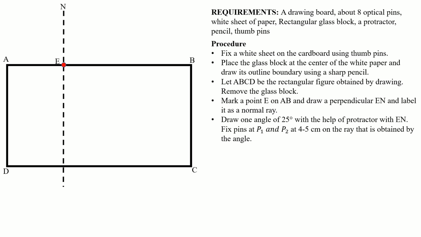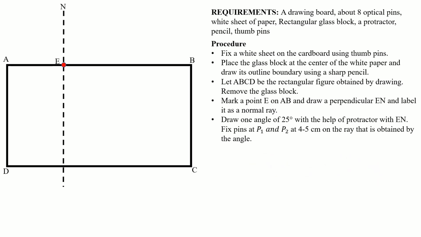Typically we can vary the angle of incidence, let's say i, from 25 degrees even to 70 degrees. You can take it in intervals of 5s and have a minimum of 8 values in order to have a good experiment.